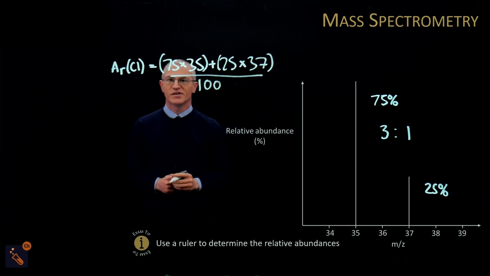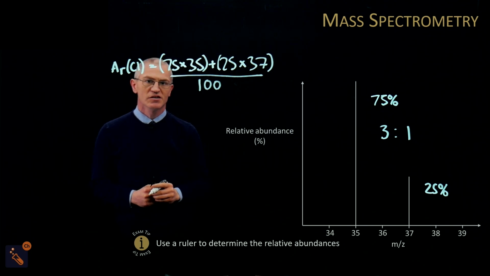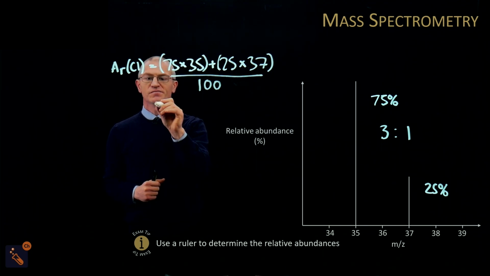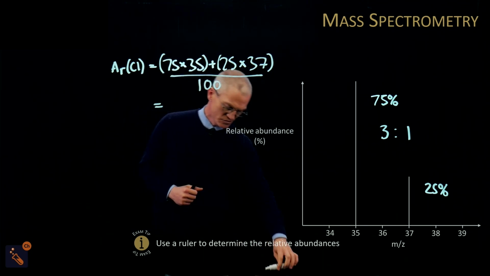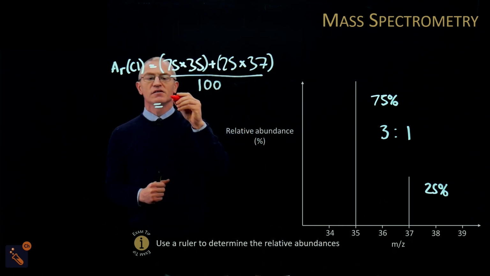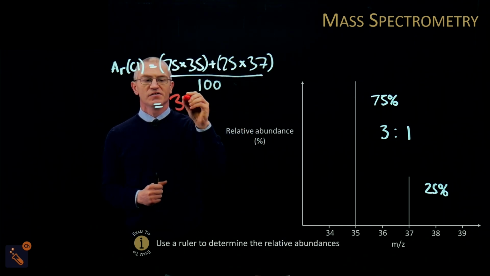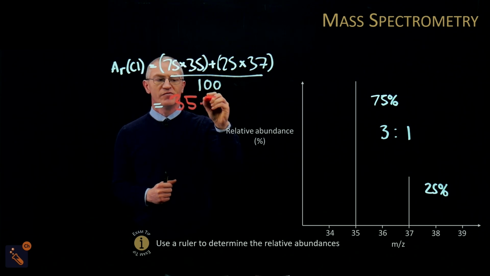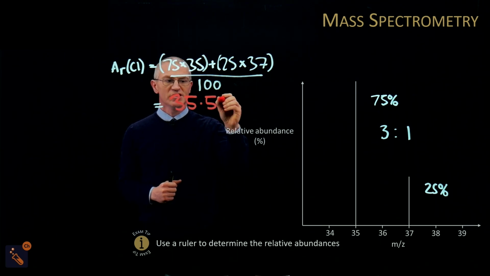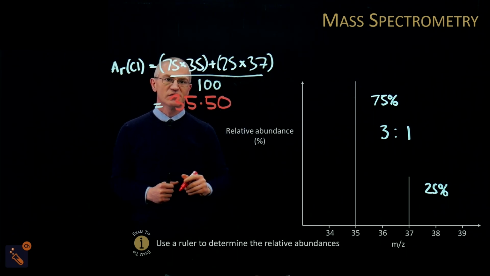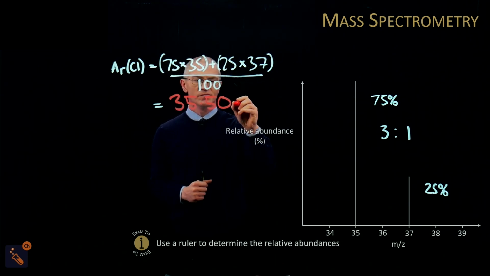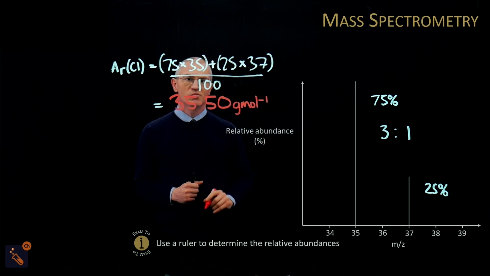If we divide that all by 100, you end up with a value of 35.5. And remember, we're always doing it to 2 decimal places, so 35.50. And the unit again, just to remind you, is grams per mole.